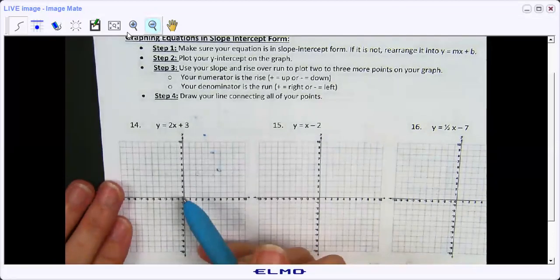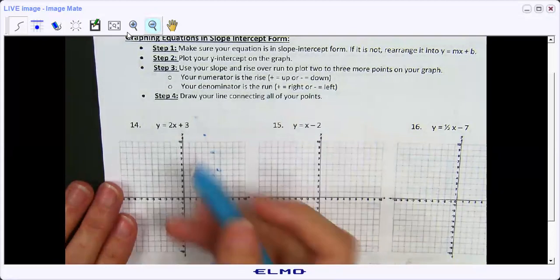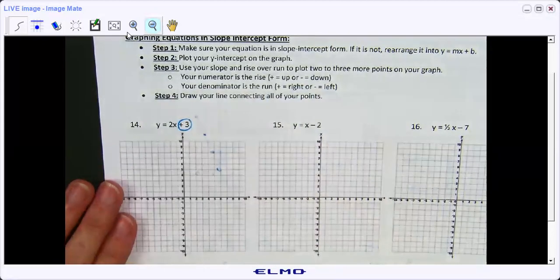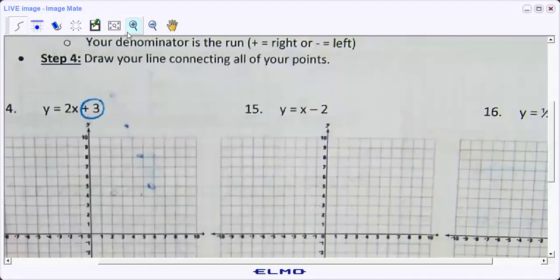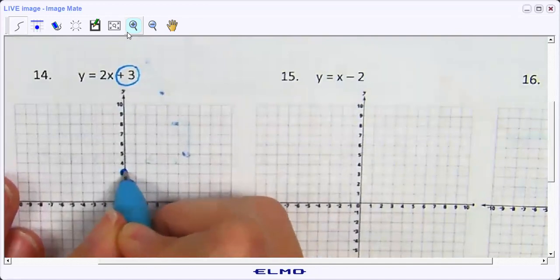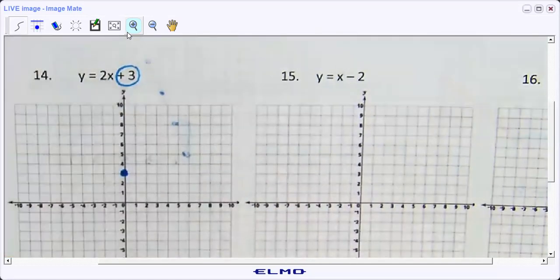Okay, so step 1, we are going to graph our slope, our y-intercept. +3 is our y-intercept. So I'm going to plot a point at +3 on my graph. My slope is 2.